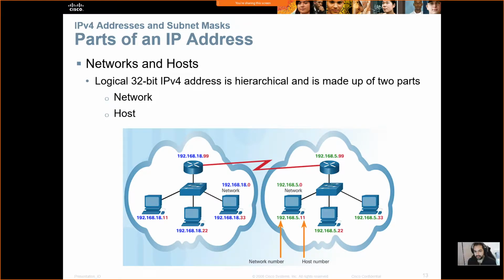On the right hand side LAN, we got .11 representing this computer, .22 representing this device, and .33 representing this device here. As you can see, each one of the LANs has a specific address.